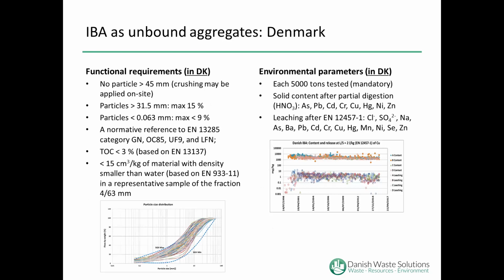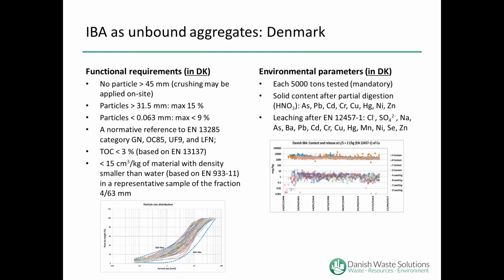This slide just gives an overview over the functional requirements and the environmental parameters which are monitored in Danish bottom ash prior to the utilization. The functional requirements are those similar to a stable gravel, because bottom ash is replacing the gravel, basically.